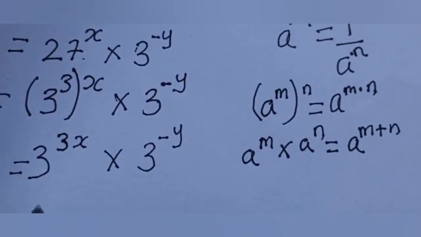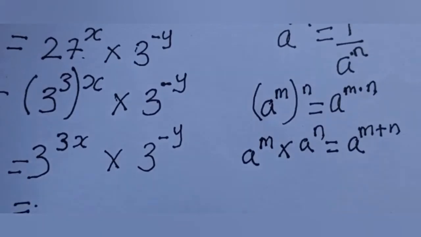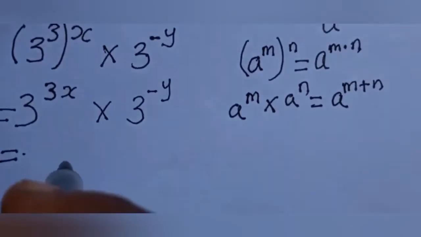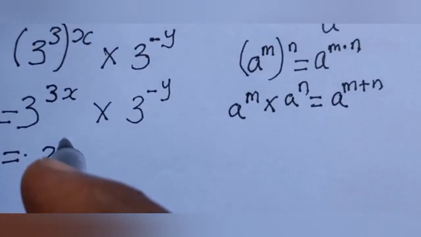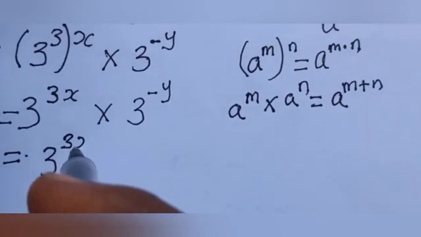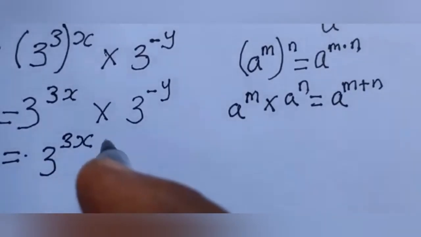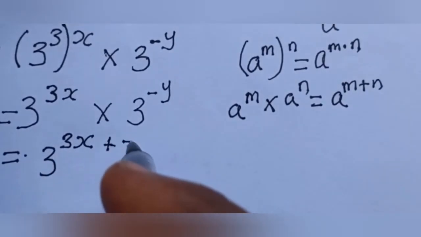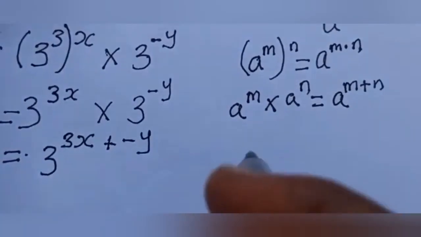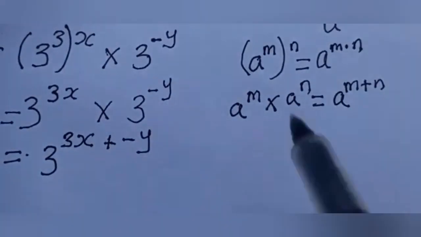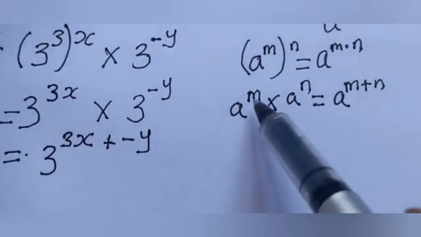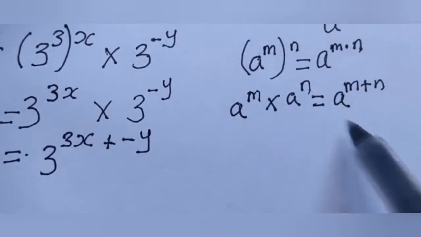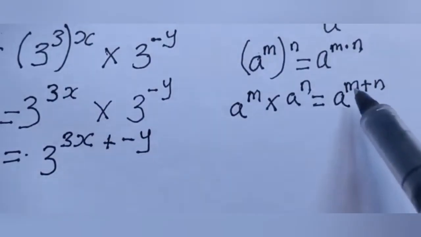So we have 3 raised to power 3x plus negative y. As you can see here, we have a raised to power m times a raised to power n, which equals a raised to m plus n.